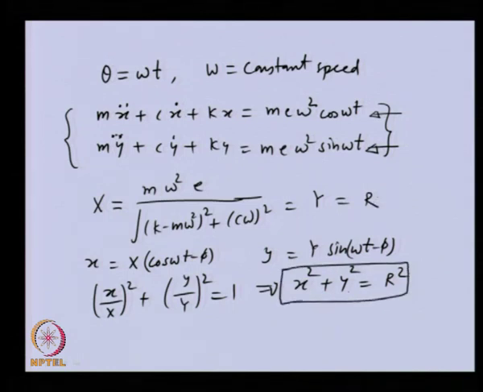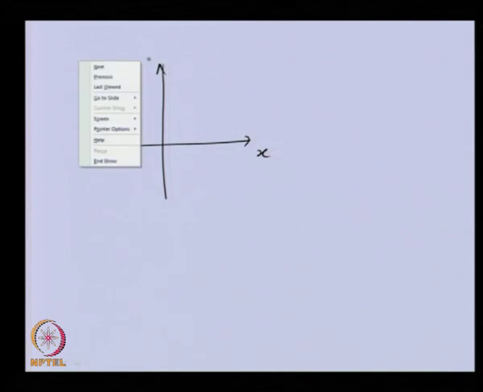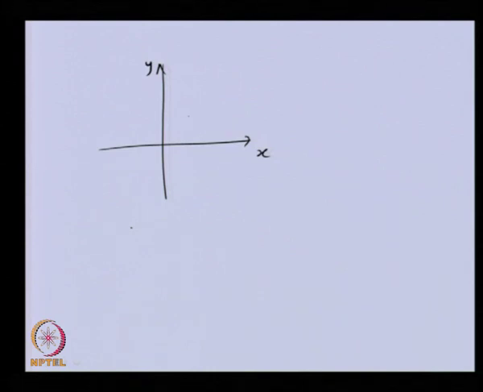So, this will represent the orbit of the shaft, which is circular. If we plot the orbit of the shaft in the x and y directions, this will be circular, where the amplitudes in the x direction and y direction are the same, equal to r. So, this is the orbit of the shaft center.